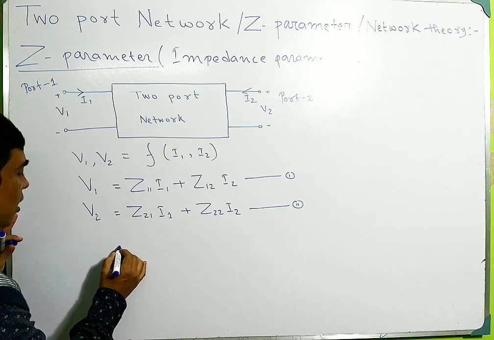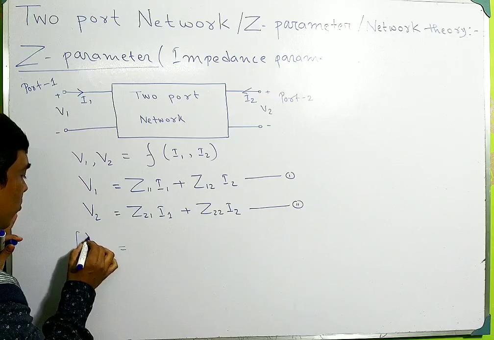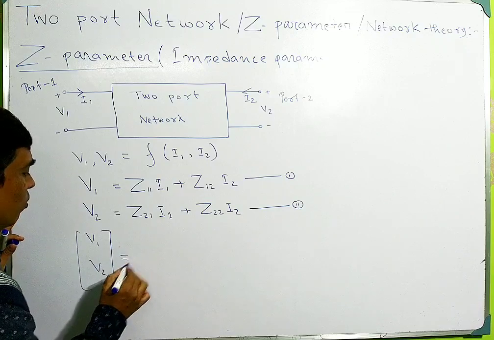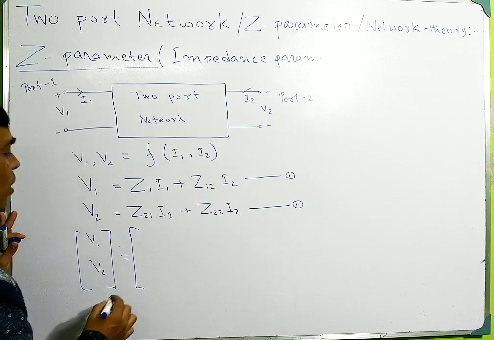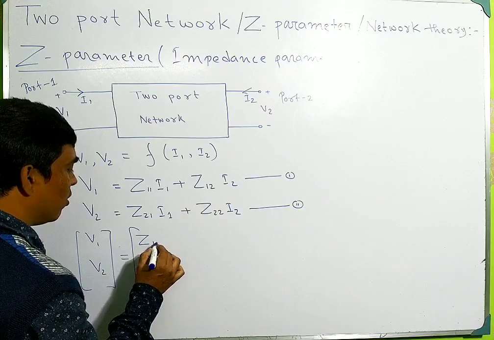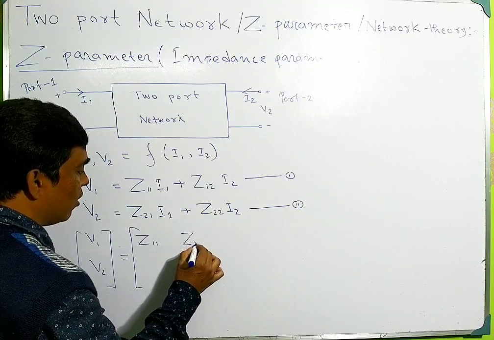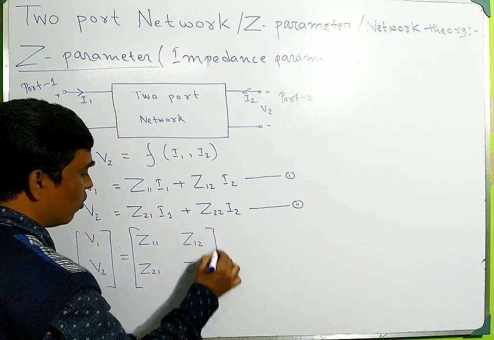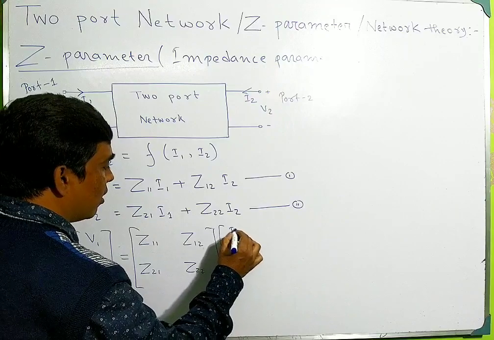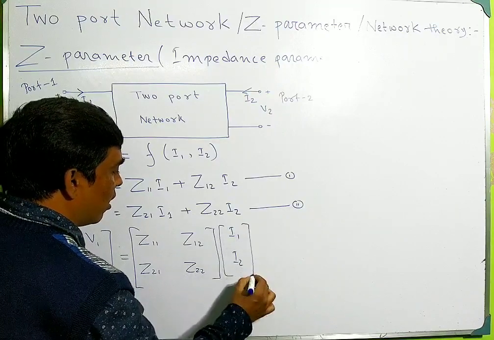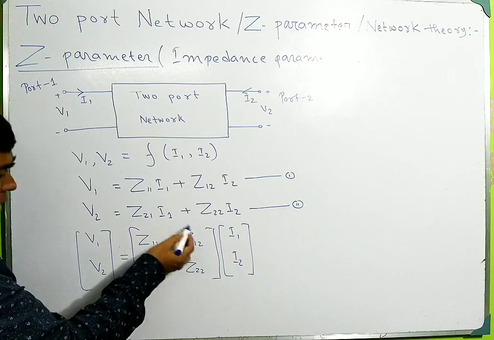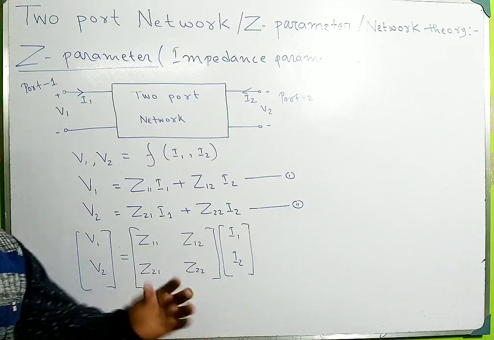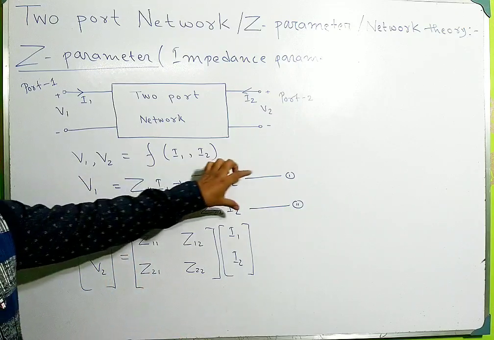So this is V1 and V2 equals to the Z parameters, that means Z11, Z12, Z21, Z22, and this is I1 and this is I2. So in this matrix form you can represent these two equations.